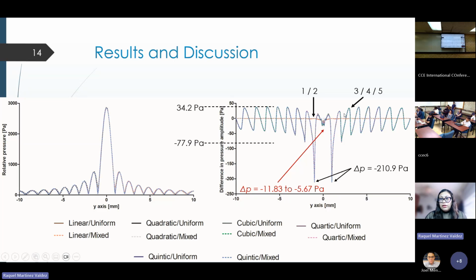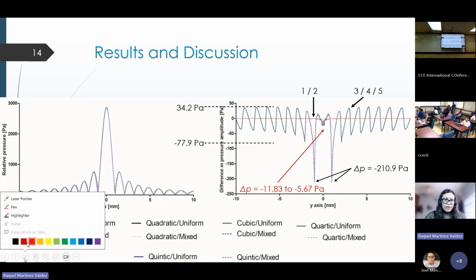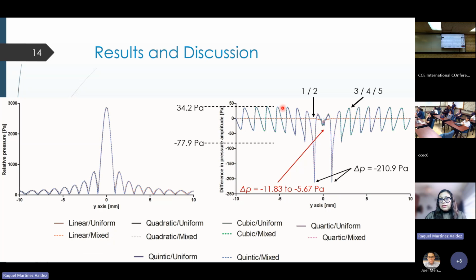Also, we can see that for the cubic, quartic, and quintic solutions, the variation of the pressure is higher along the y-axis than in the case 1 and 2 that are almost zero, with the exception of the focal point, where for the linear, uniform, and mixed solutions there's a difference in the amplitude.